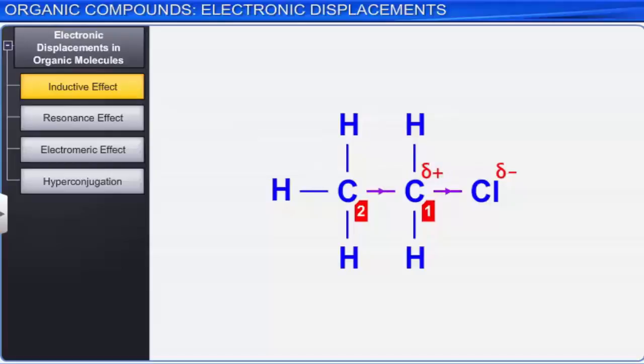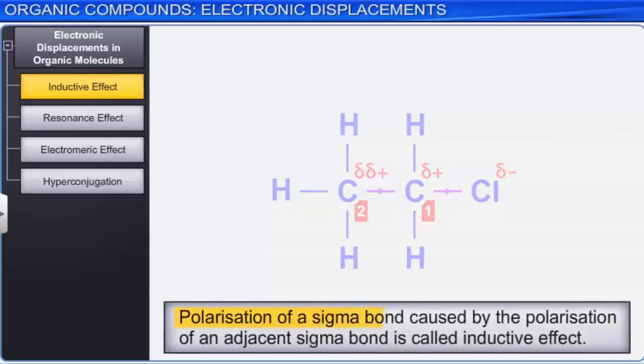This causes C2 to acquire a small positive charge. The delta plus represents a relatively smaller positive charge as compared to that on carbon-1. Thus, carbon-chlorine bond induces polarity in the adjacent bonds. Such polarization of a sigma bond caused by the polarization of an adjacent sigma bond is called inductive effect.